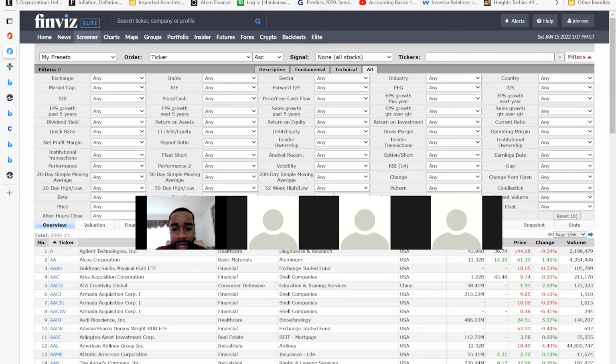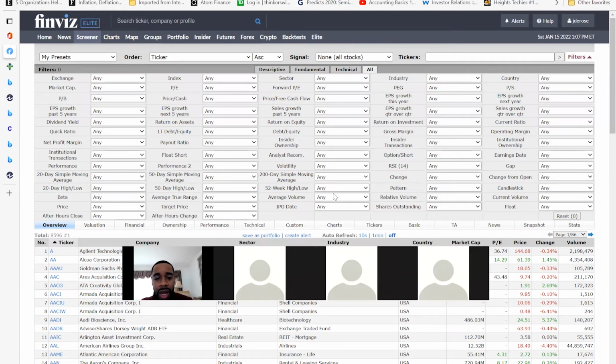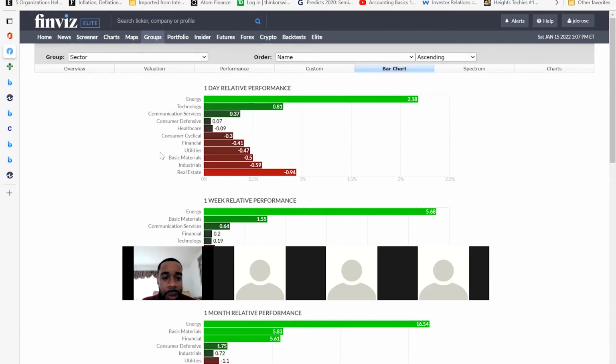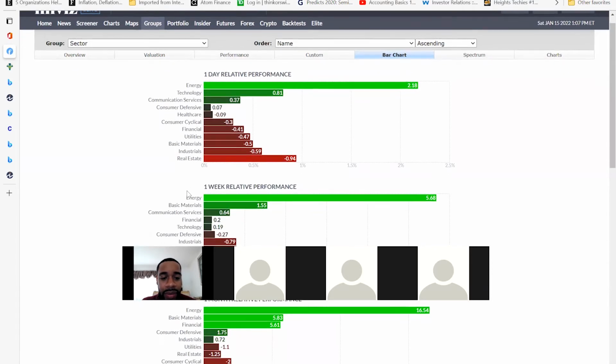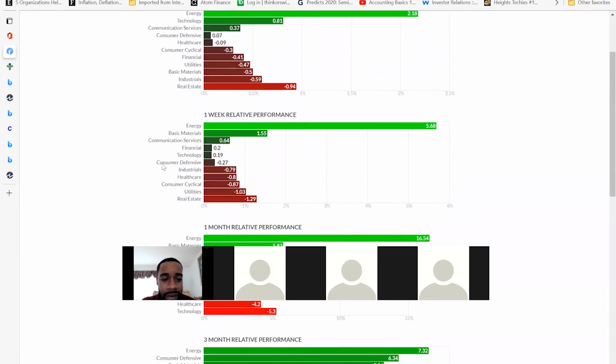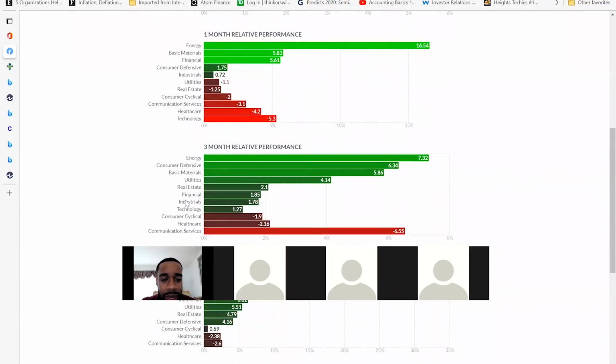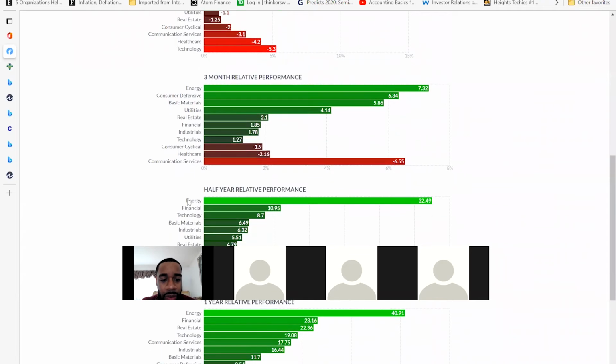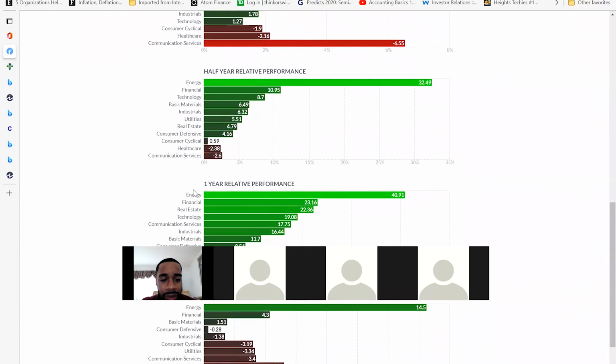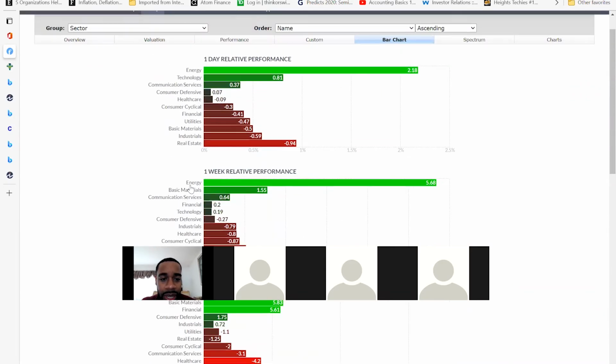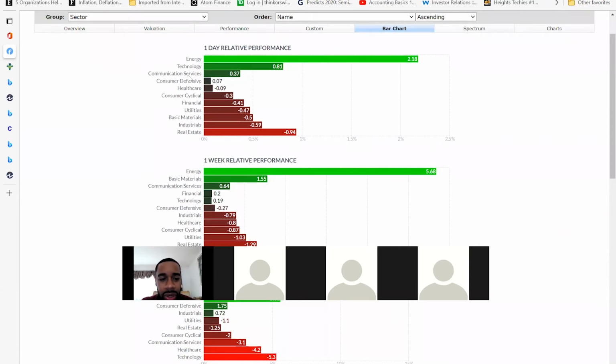So with that being said, let's go through some examples. In my case, I'm going to go through what I did on Wednesday. I was showing the group how I'm trying to find companies outside of technology. I come here and look at the 3-month relative performance, half-year relative performance, 1-year performance, and 1-month performance. The 1-day relative performance can be very misleading, because that just shows you what happened that day.